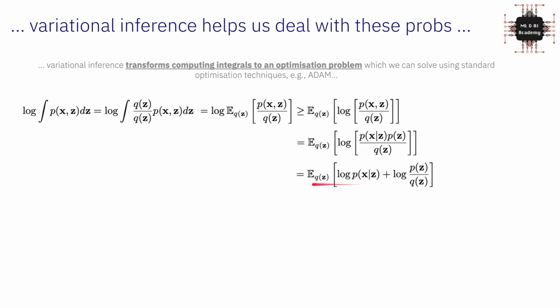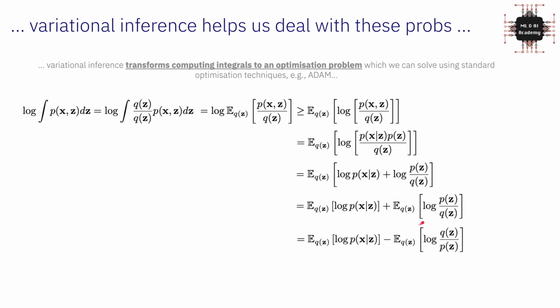Now we can take the expectation, because the expectation can be commuted across the sum. So you can say this is E of that plus E of that, which is E of log of P of X given Z plus E over Q of Z of log P of Z over Q of Z. Now, because there's a log here, I can flip these.